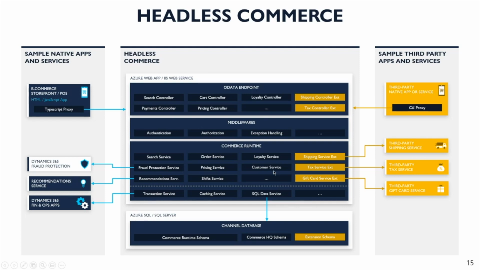Also, if you want to create new channel database tables, or views related to your extension, you can customize the channel database. So nothing changed in the new commerce SDK. The only two changes, as I said, are that you refer from the public feed and change the project type. The rest should work as is.